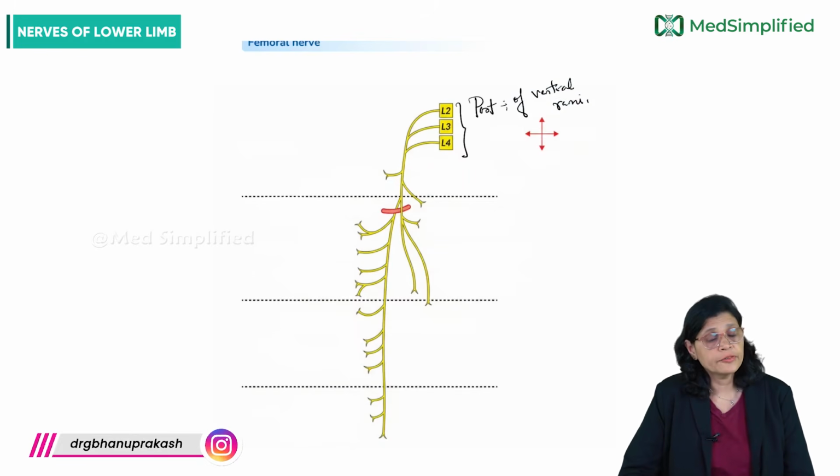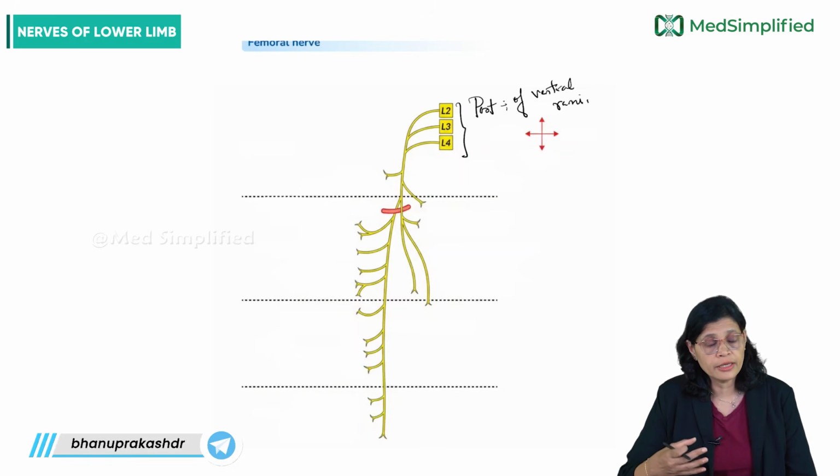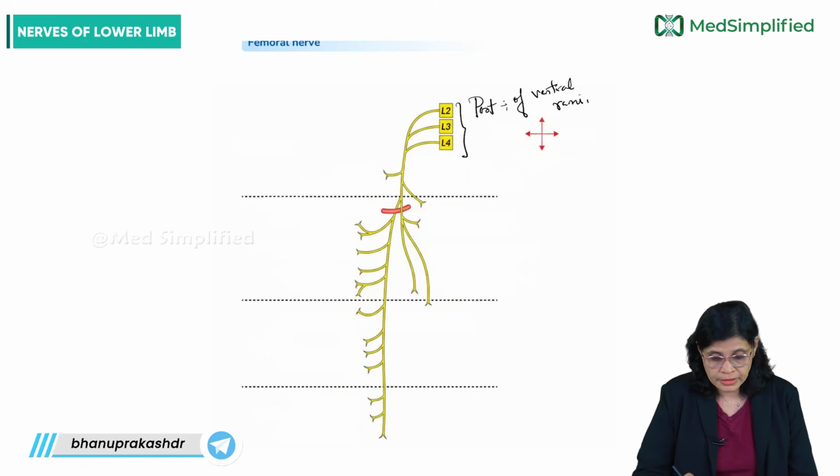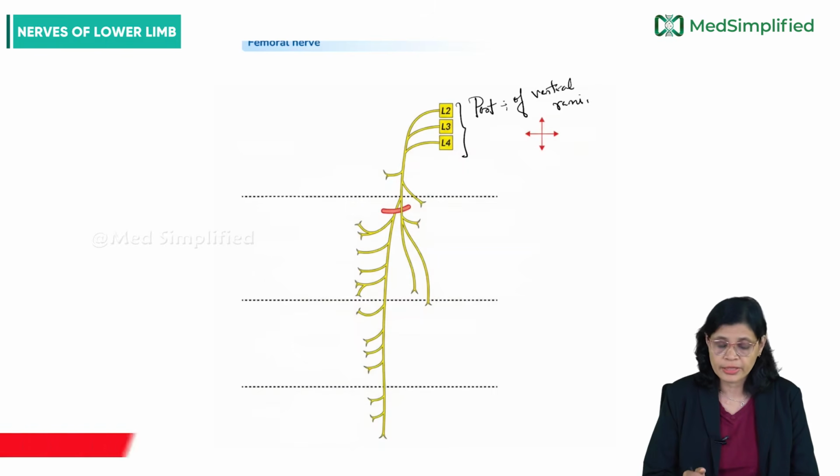This nerve arises within the psoas major muscle. The lumbar plexus we see in the posterior abdominal wall, and there we have the psoas major muscle. The femoral nerve basically begins within the psoas major muscle from these posterior divisions of the ventral rami of L2, L3 and L4.